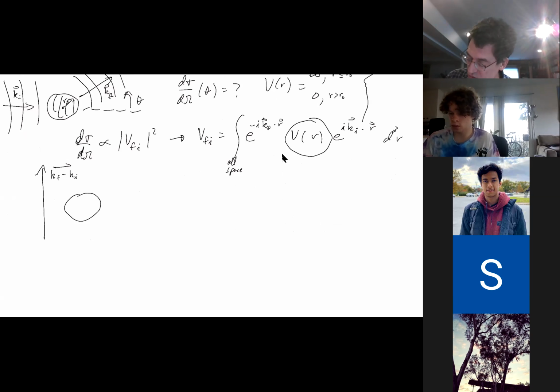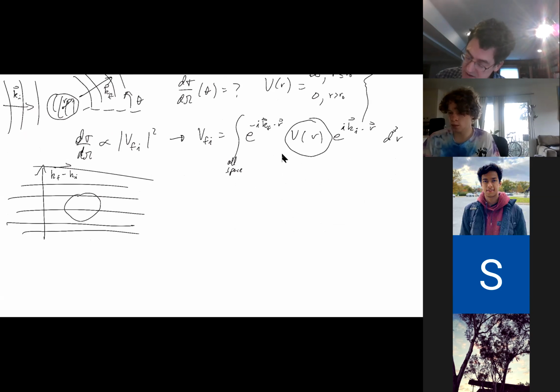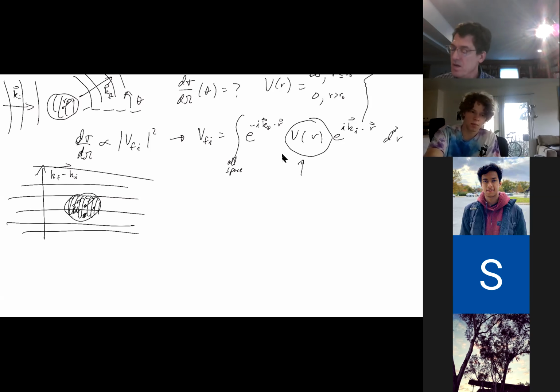So I have this plane wave, and I'm integrating it over all space. And all space here includes the potential right there. So when I integrate inside of the potential, what is the potential equal to? Infinity. Yeah, it goes to infinity.